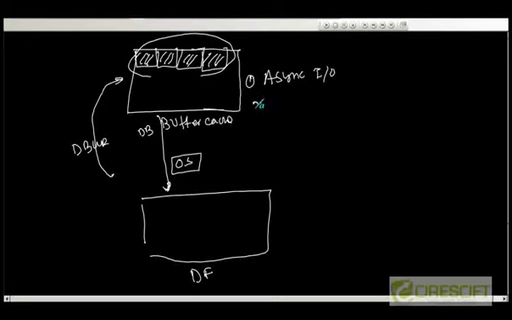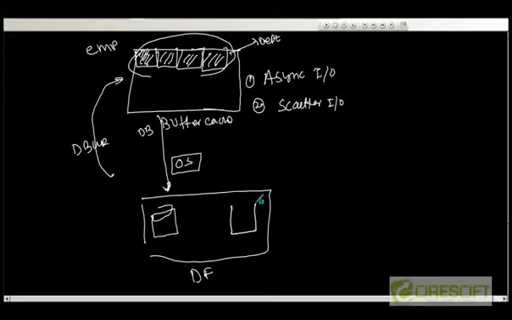The second characteristic is called scattered IO. As I told you, maybe this buffer changed for the employee table, and this buffer changed for the department table. The employee table may be on one disk in a data file, and the department table may reside on another disk in another data file.